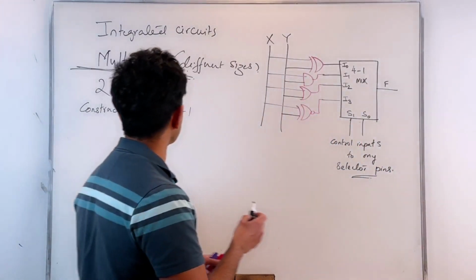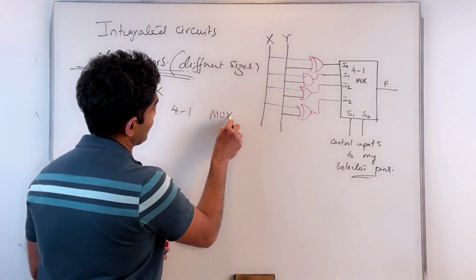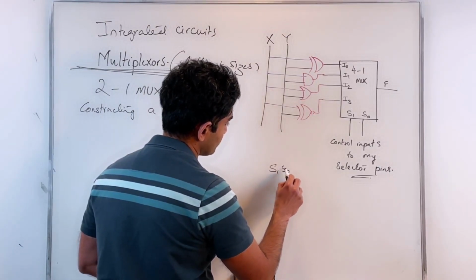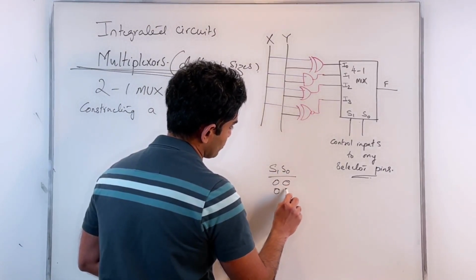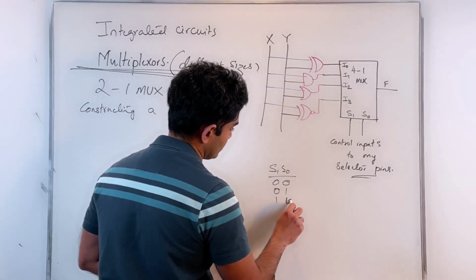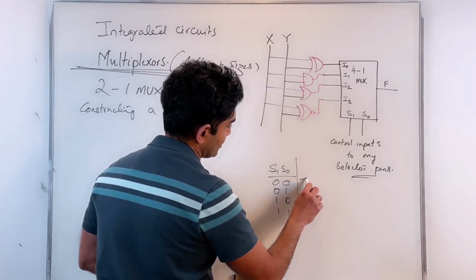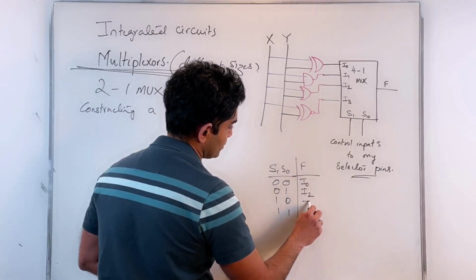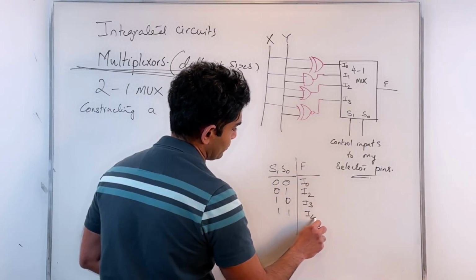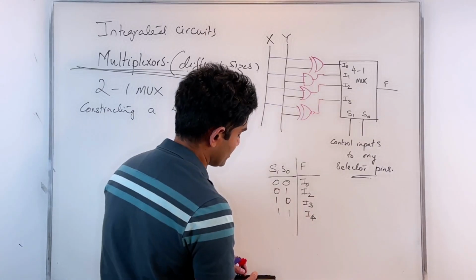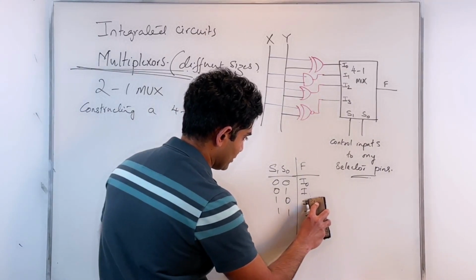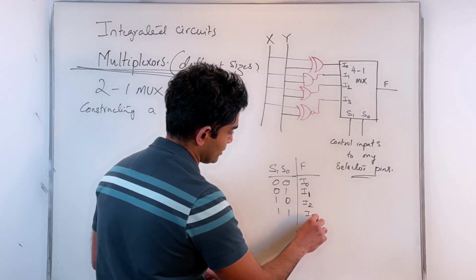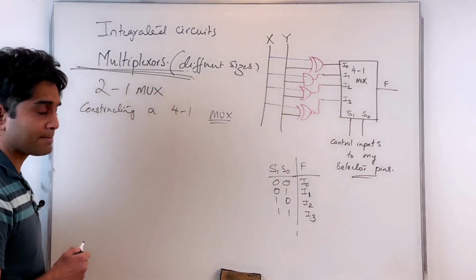A 4-to-1 mux. Again, this is how the mux should operate. S1, S0: 0 0, 0 1, 1 0, 1 1. That's your output: I0, I1, I2, and I3.